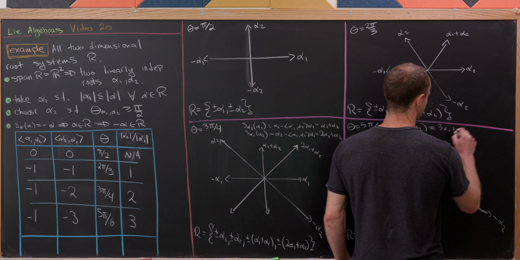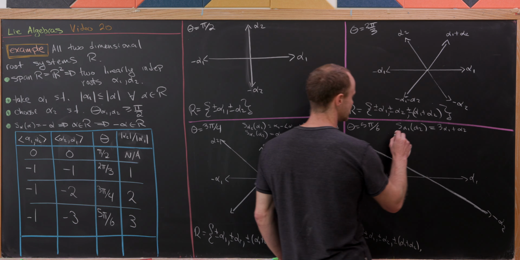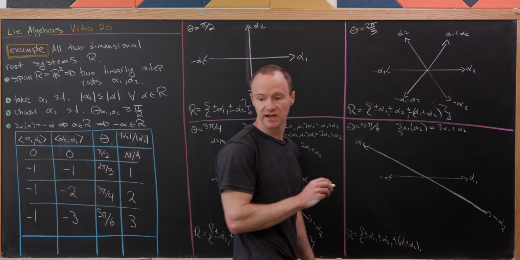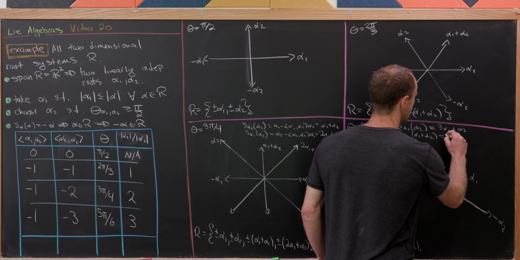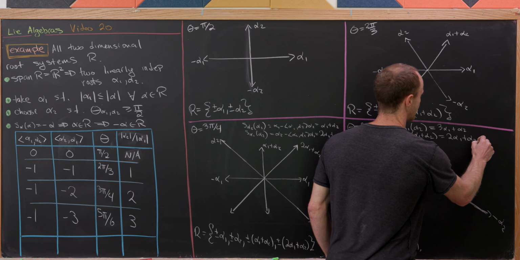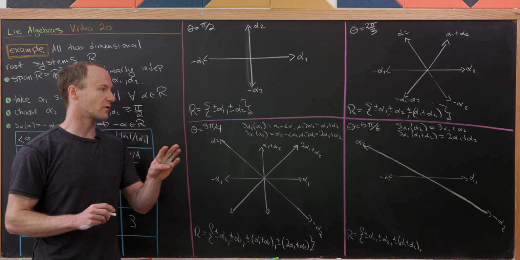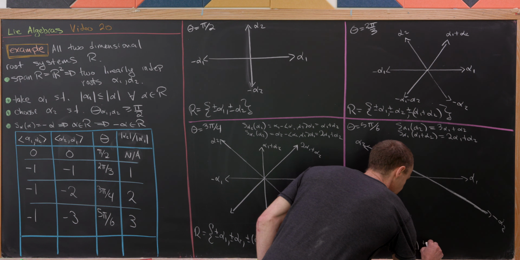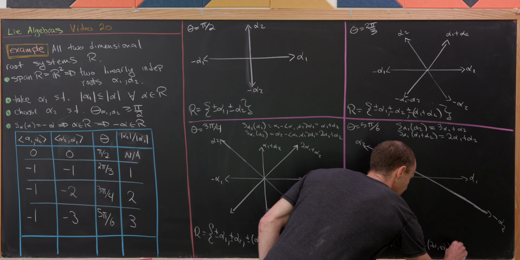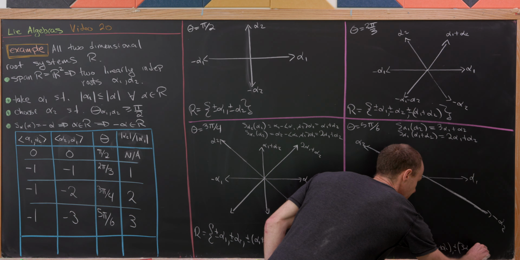Okay, and then it turns out that if you do S alpha 1 applied to alpha 1 plus alpha 2, you end up with 2 alpha 1 plus alpha 2. So that gives us 4 more roots, those two and their negatives, to put in here. So we've got plus minus 2 alpha 1 plus alpha 2, and then plus minus 3 alpha 1 plus alpha 2.